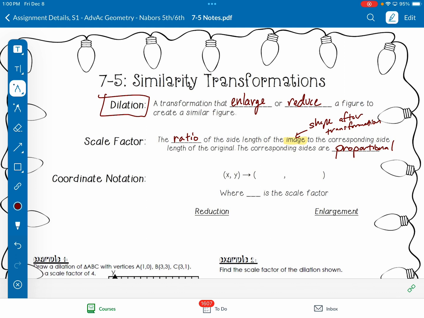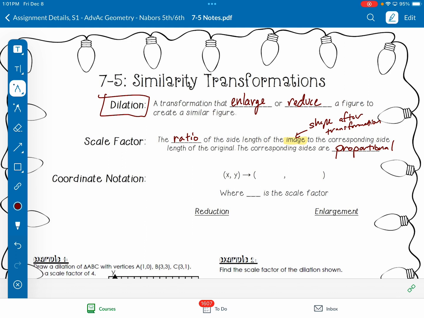So we got some important things. The way we're going to use the scale factor, we're going to use coordinate notation. We're going to be looking at dilations on a coordinate grid, dealing with these shapes' vertices as ordered pairs.